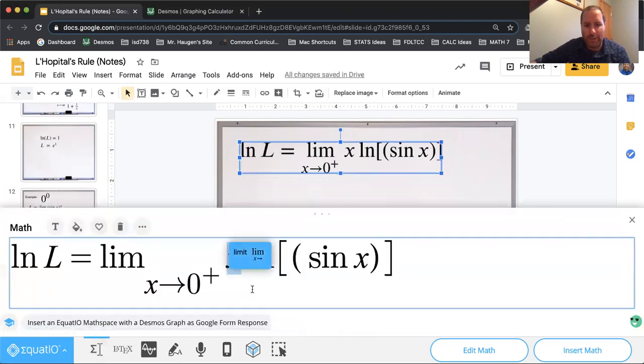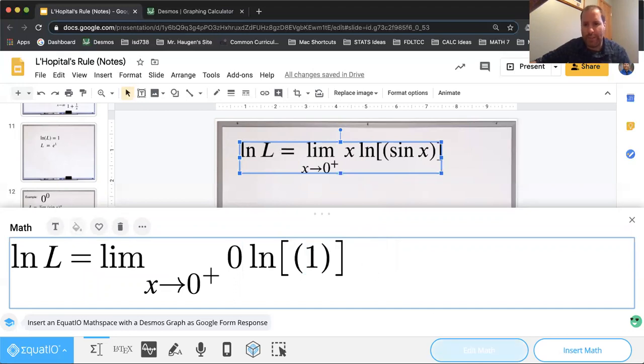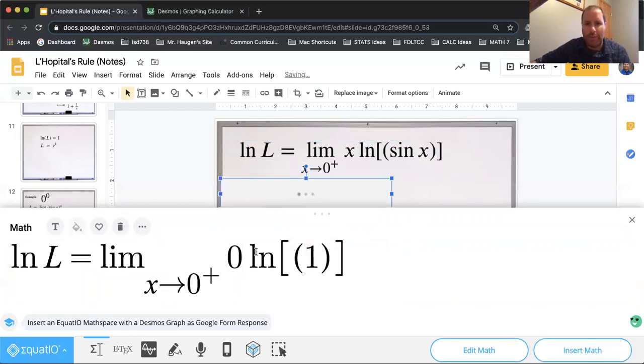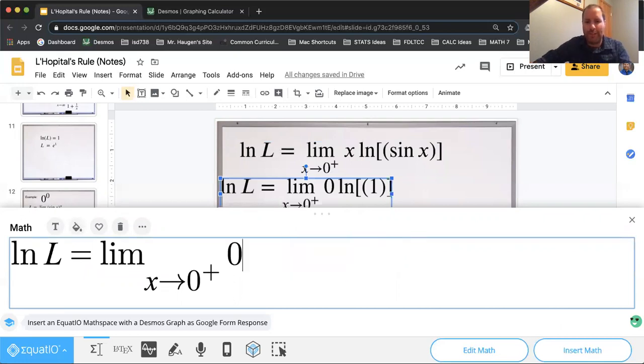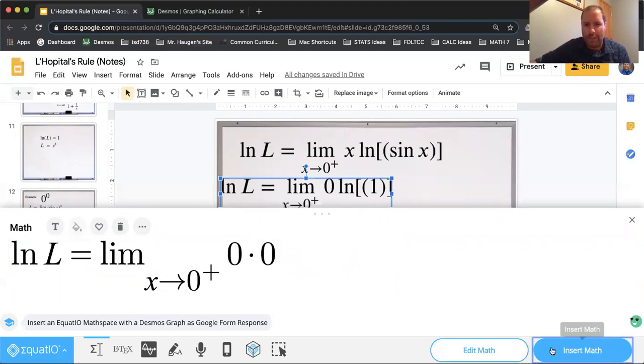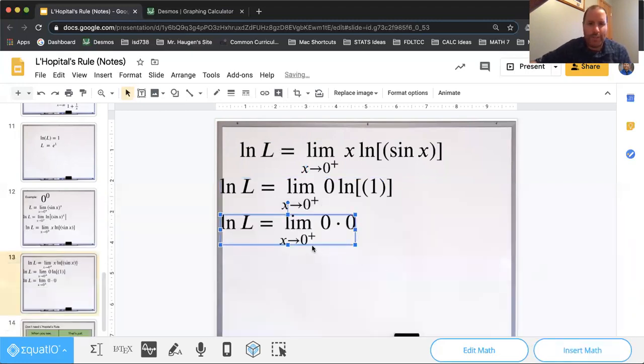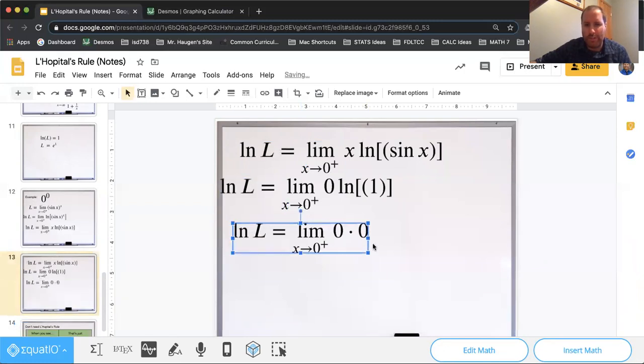Again, this x thing here becomes 0, and the sine of 0 is 1, correct? That's what we have there. And then we can figure out that, oh hey, the natural log of 1, well, we can grab that one, is also 0, right? And so all of that stuff sort of just disappears in that case.